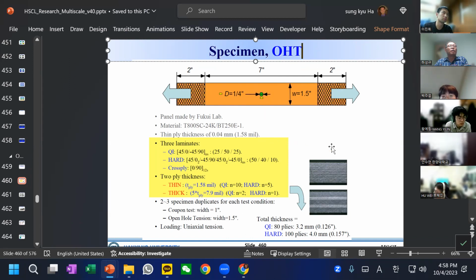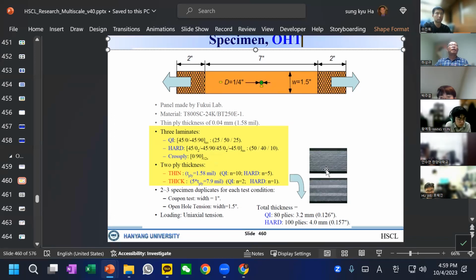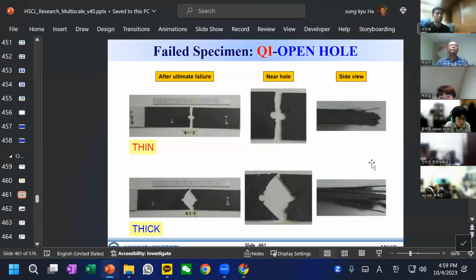The study was on the effect of layer thickness, the thin layer and thick layer. Now you understand how we make thin ply or thick ply, by spreading the tow. And this is the experimental observation of open hole tension.